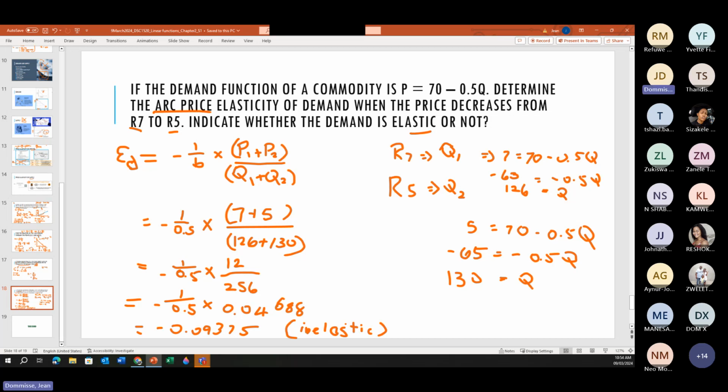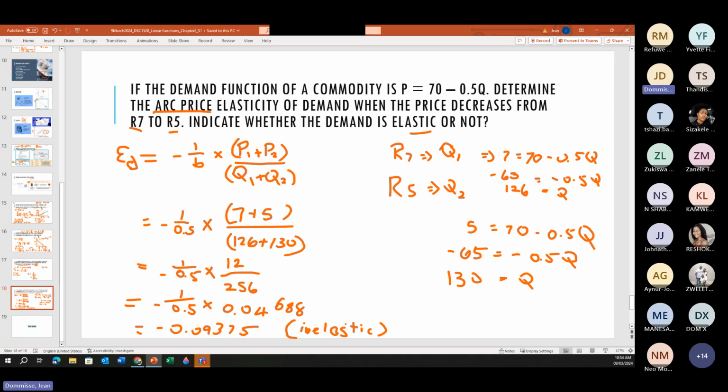One of the other options is minus 0.09375, inelastic. So they might give the same answer for the elasticity, but whether it is elastic or not might be the second part that you need to make a choice on.